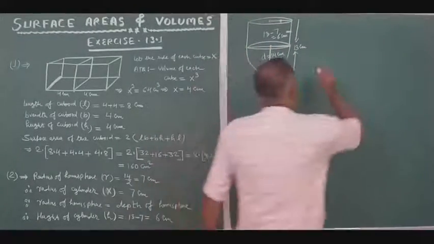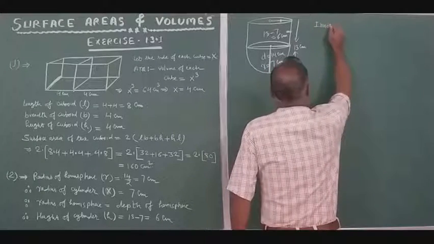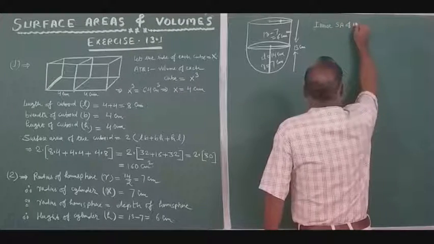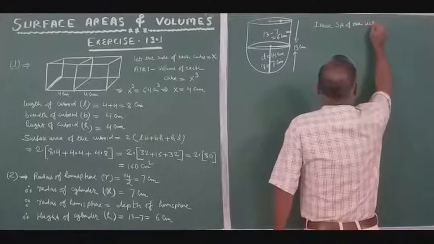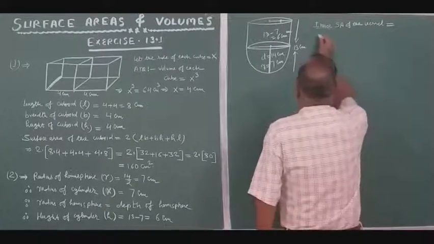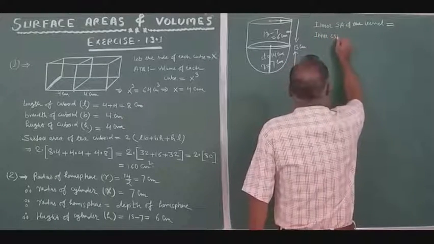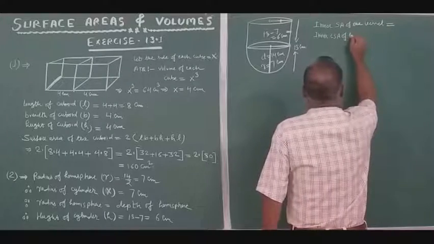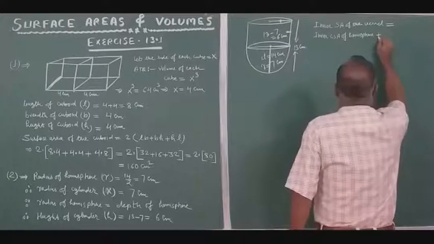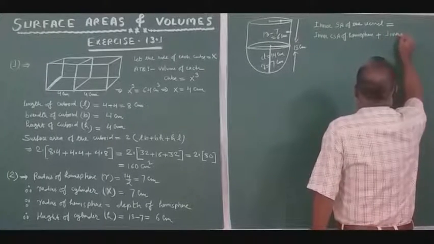Now the inner surface area of the vessel is given by inner CSA of hemisphere plus inner CSA of cylinder.